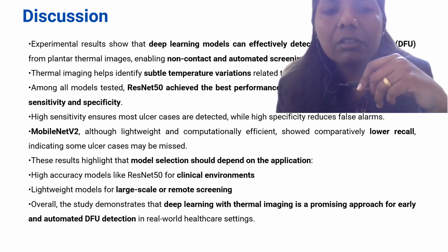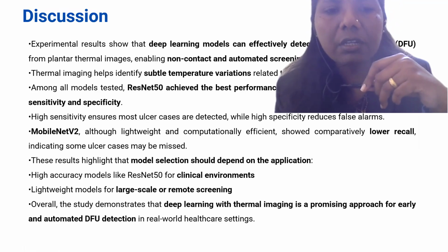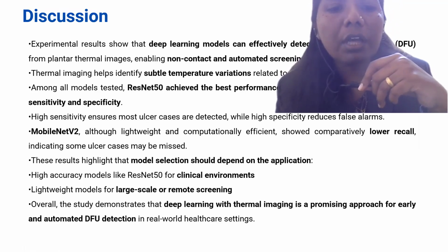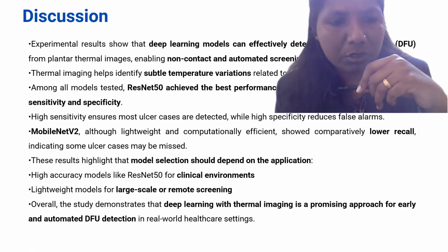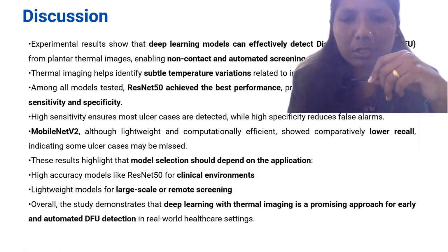These results highlight that model selection should depend on the application: high accuracy models like ResNet 50 for clinical environments, lightweight models for large scale and remote screening. Overall, the study demonstrates that deep learning with thermal imaging is a promising approach for early and automated diabetic foot ulcer detection in real-world healthcare settings.